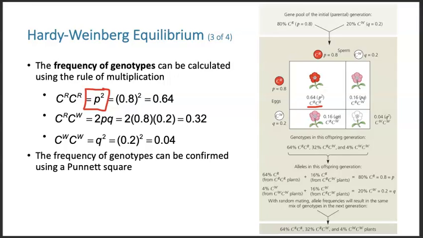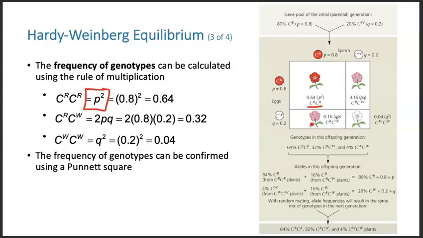Now, if we're looking at the heterozygous, there are actually two different ways that you can get the heterozygous. You can have the sperm having the white allele and the egg having the red allele, or it could be the other way around. You could have the egg having the white allele and the sperm having the red allele. And that's like multiplying p times q. If I want to know the chances of having a heterozygous this way, I multiply p times q. So 0.8 times 0.2 gives us 0.16. Oh, and also, we have to do it this way as well.